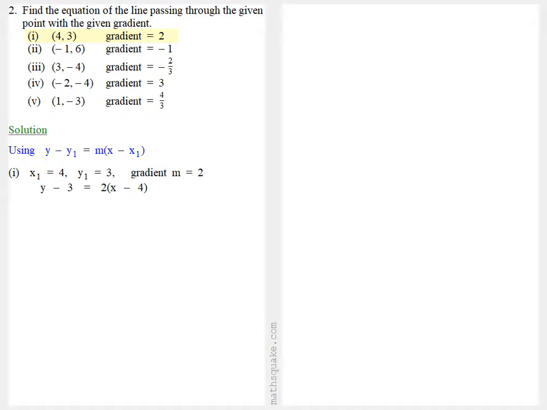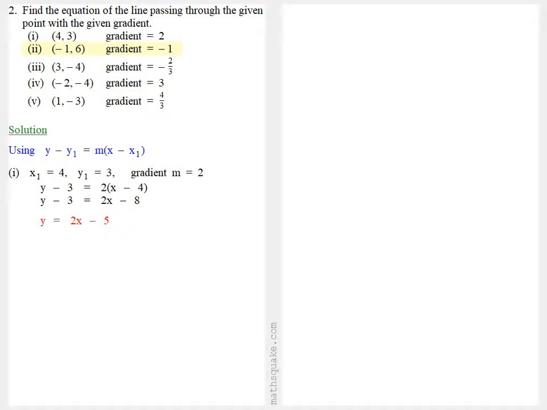So y minus 3 equals 2 into x minus 4. If we expand the brackets, that gives us y minus 3 equals 2x minus 8. And if we add 3 to both sides, y equals 2x minus 5.